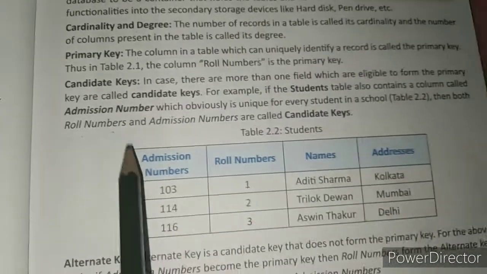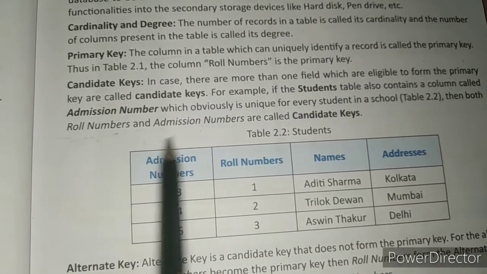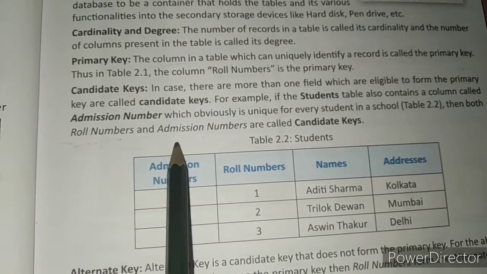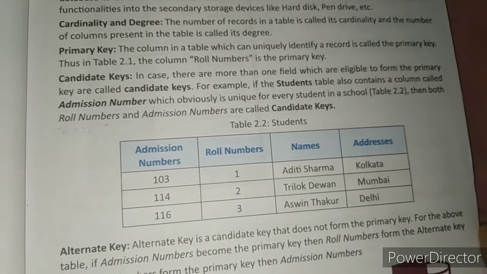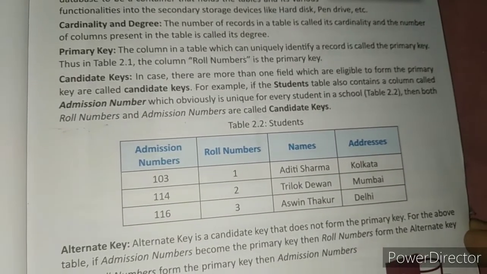So here roll number becomes the primary key, and the other one is also a candidate key because it has not been used as primary key.